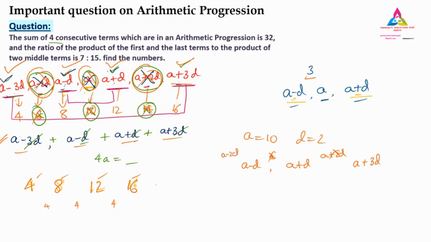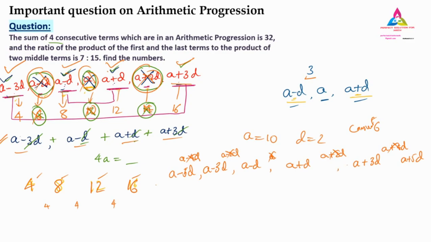A minus 2d we have to neglect, so we write a minus 3d. So here 4 terms; we want 6 terms. If they have given consecutive 6 terms, next we neglect a plus 4d, so we take a plus 5d. Previous one, a minus 4d we neglect, so we write a minus 5d.